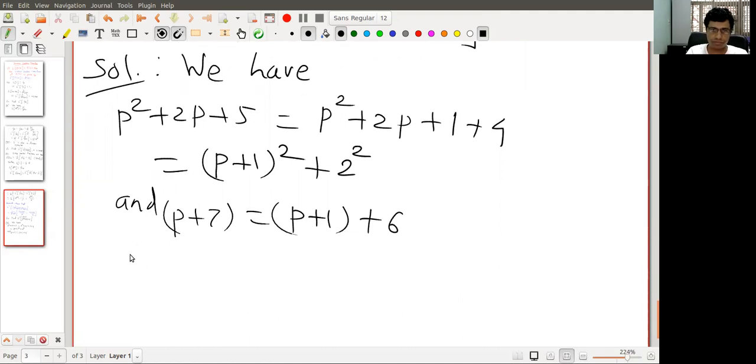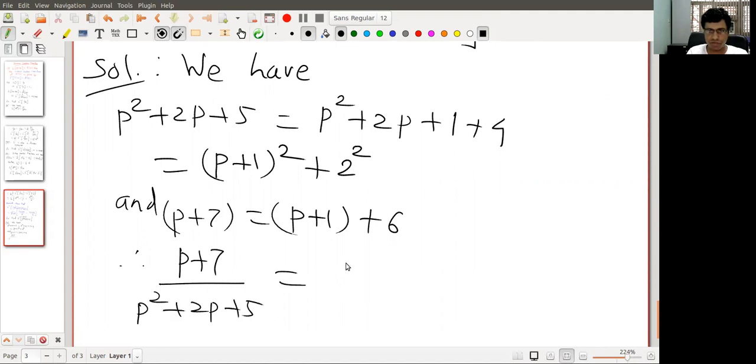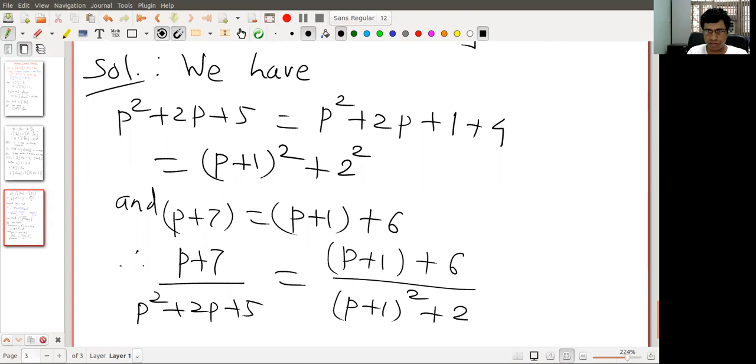Therefore p plus 7 divided by p square plus 2p plus 5 equals p plus 1 plus 6 divided by p plus 1 square plus 2 square.